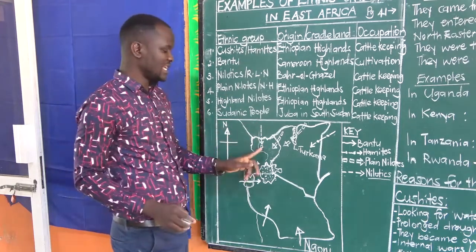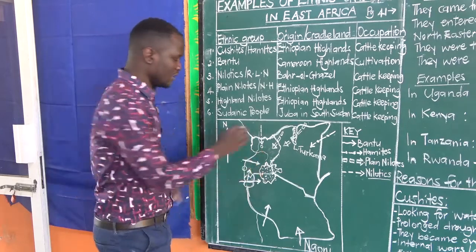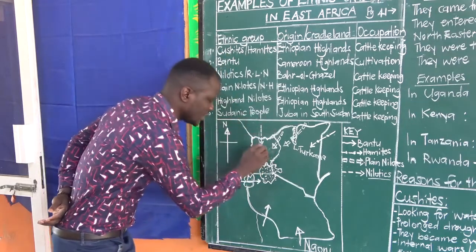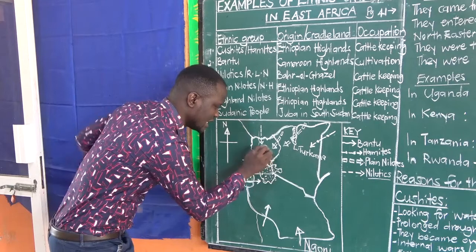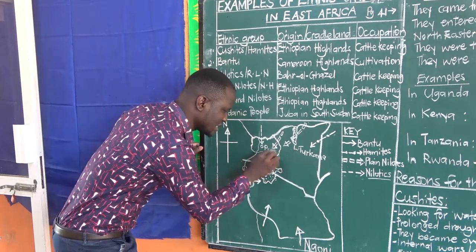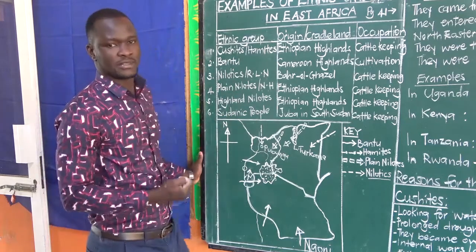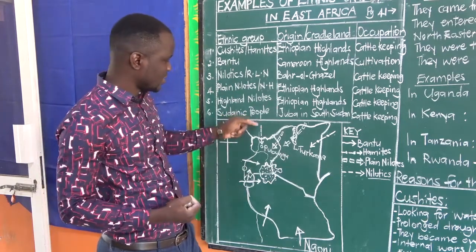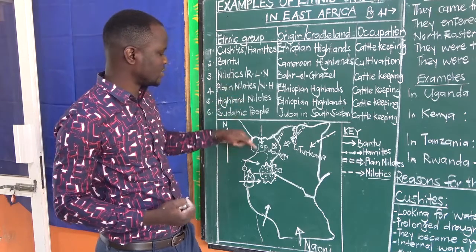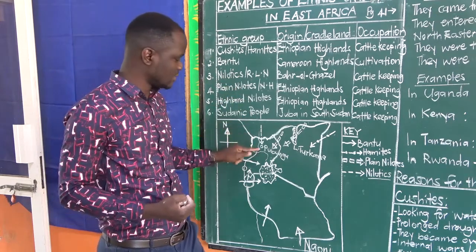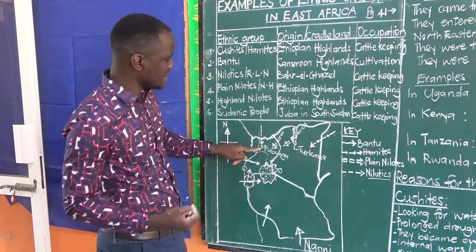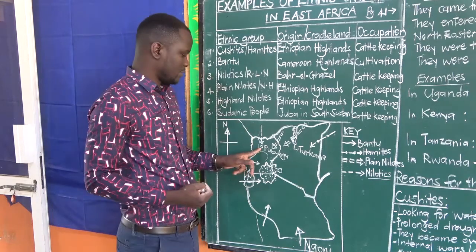We say when they entered Uganda, they had their first settlement in a place that was known as Pubungo. I want you to remember this lesson in your primary 5 class. When the River Lake Nilotes, those are the Nilotics, entered Uganda, they first had their settlement at Pubungo.